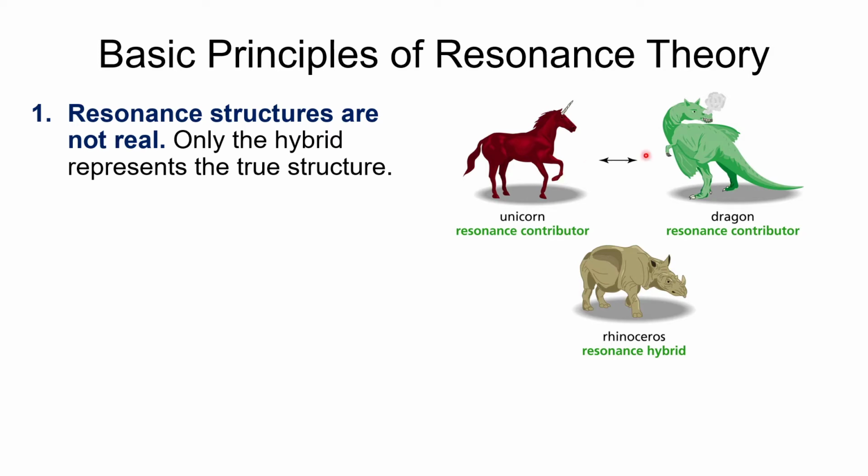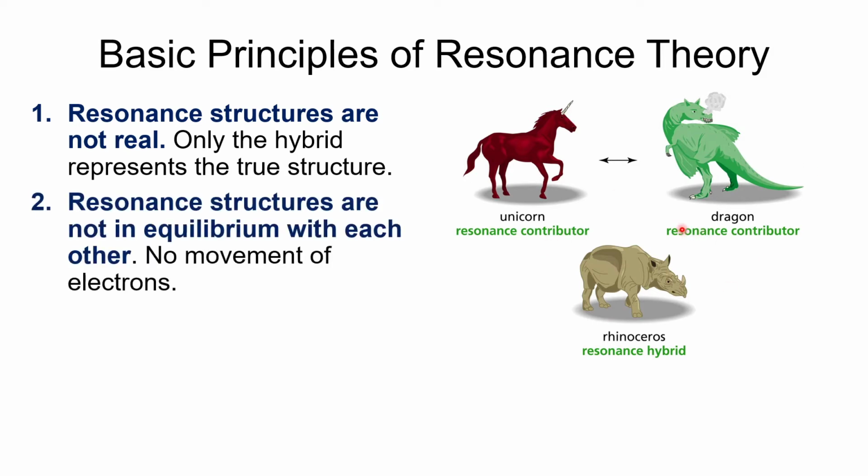But if you take the hybrid between those two, you get something that's maybe a little bit less exciting, although I'm sure if you saw one in person, it would be plenty exciting. And that would be a rhinoceros. And that is the real structure. Sometimes the real structure doesn't have quite the appeal that the resonance structures themselves do. That said, this is just an analogy. You don't want to take it too far.